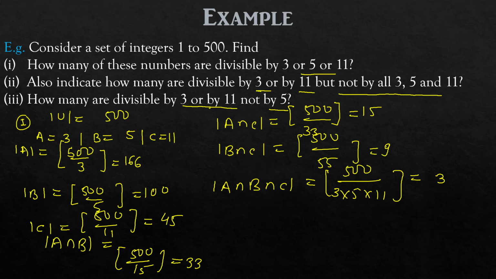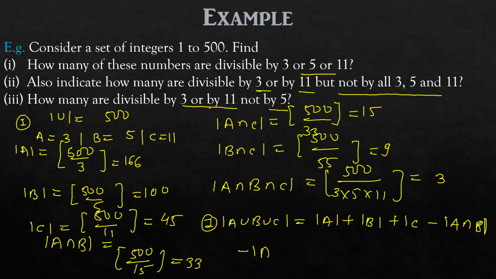First here we have to find how many of these numbers are divisible by 3 or by 5 or 11. Means we have to find A union B union C. By using the inclusion-exclusion principle, A union B union C is equal to number of A plus number of B plus number of C minus A intersection B, then minus A intersection C, minus B intersection C, plus A intersection B intersection C. So this is the formula for what?